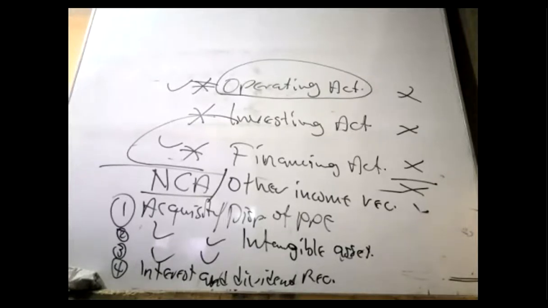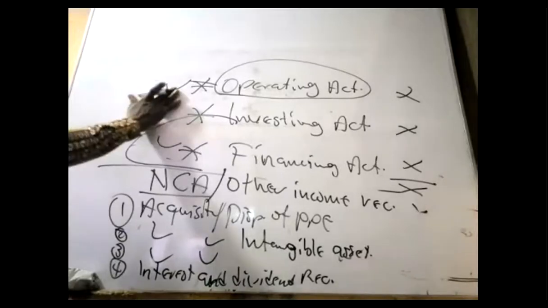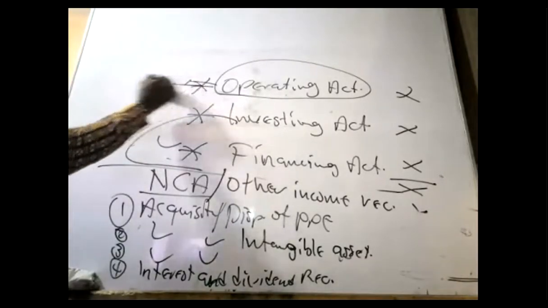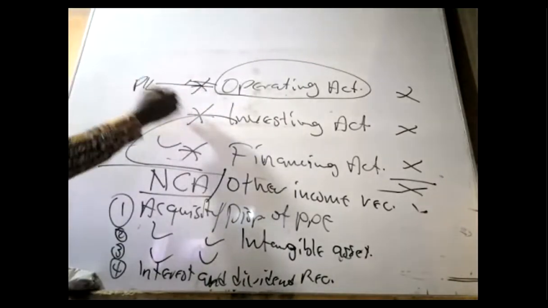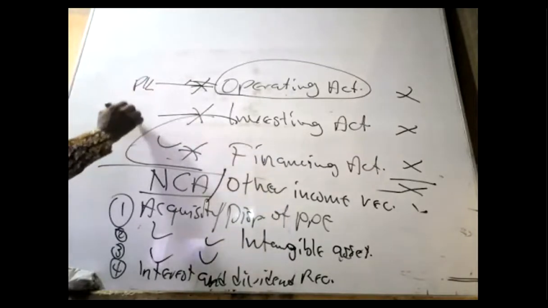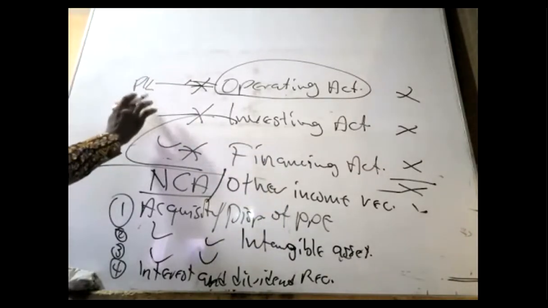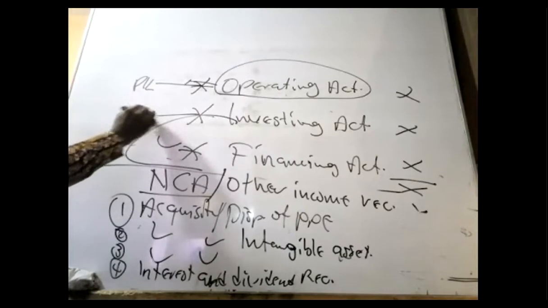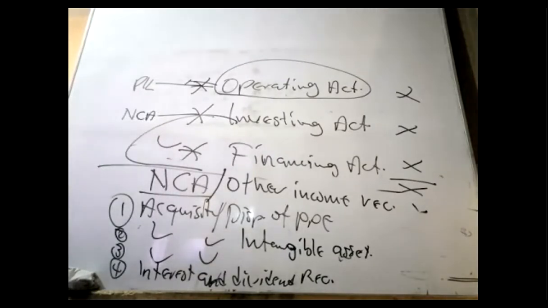So if the government is giving you a grant, can you put it under what? Investing. Okay, I'm now with investing. So in short, this talks about the P&L section. This talks about the non-current asset and other income. Fine.